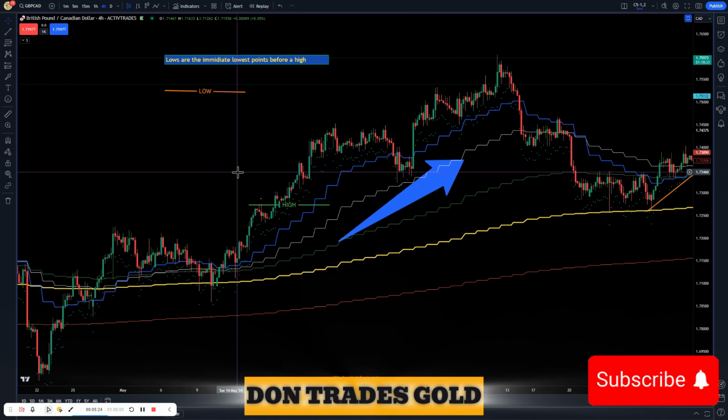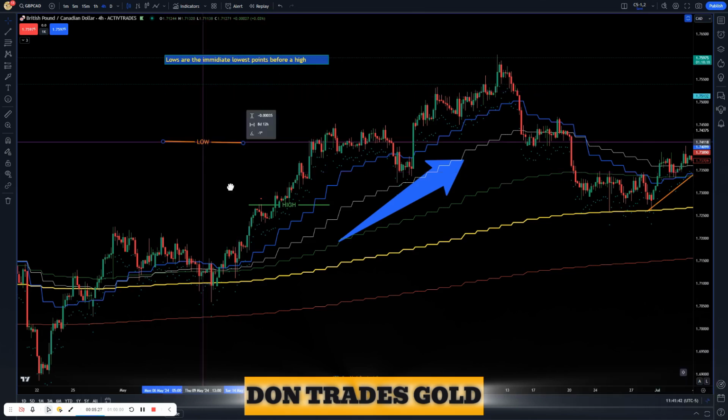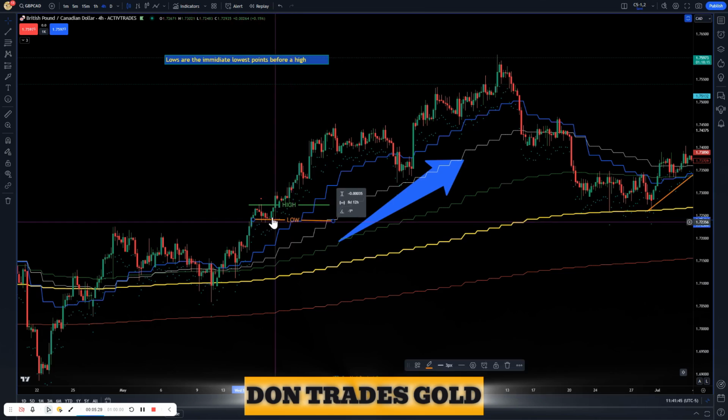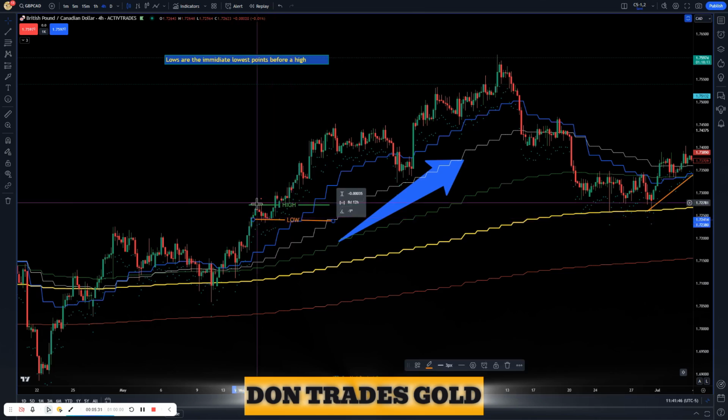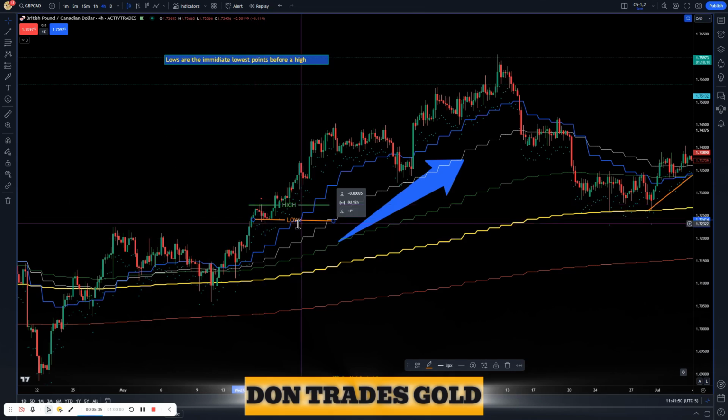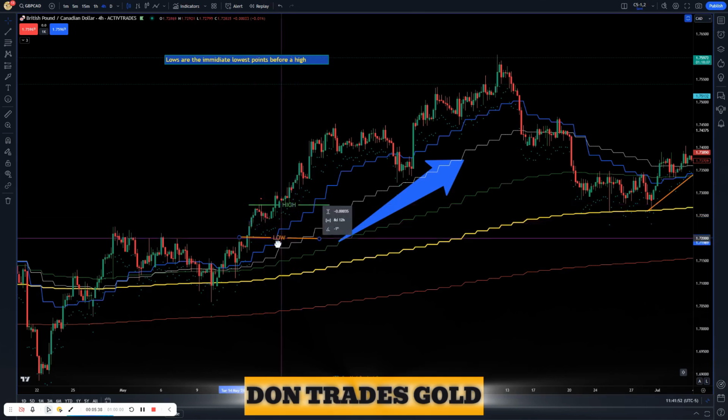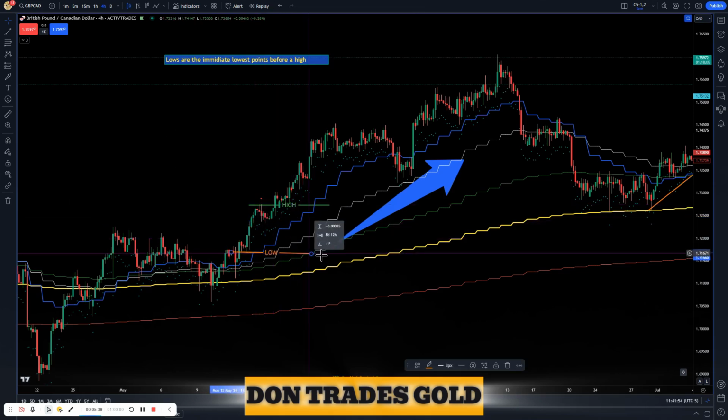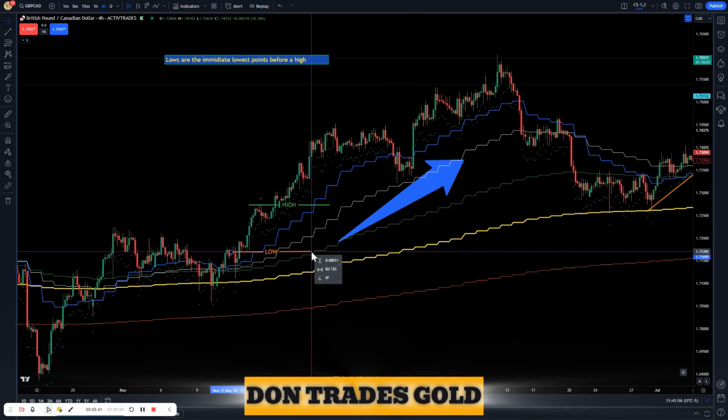That's the immediate lowest point before the high. So what is that? Is it this? So this area happens after this. So is it immediately before? No. So it should be the immediate before lowest point, which should be this. So this is the low and this is the high, right?